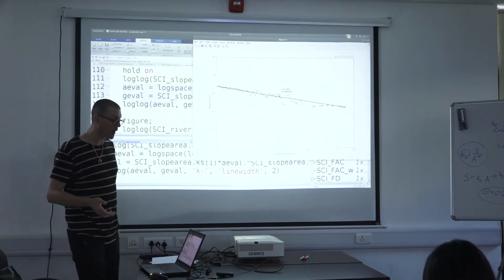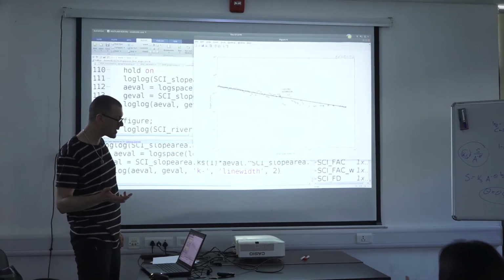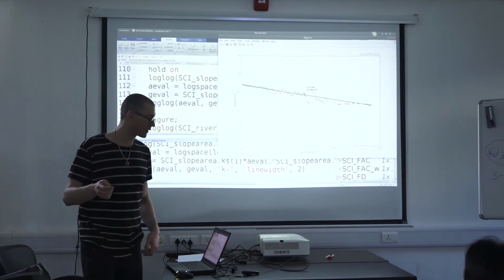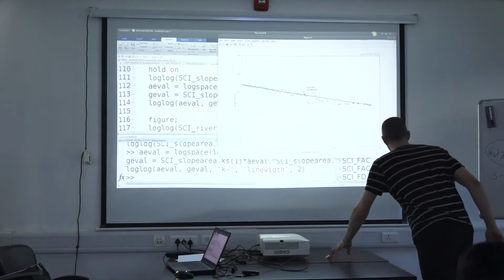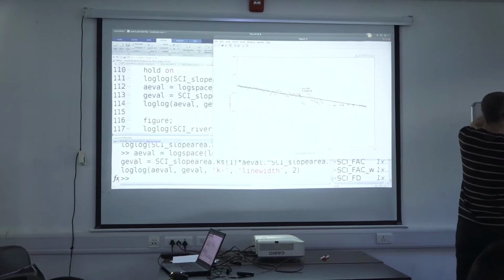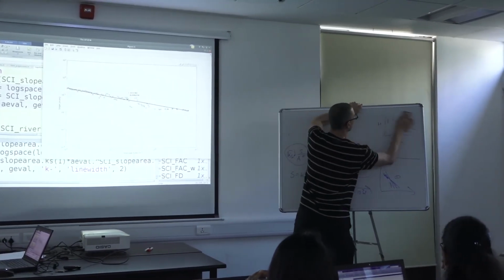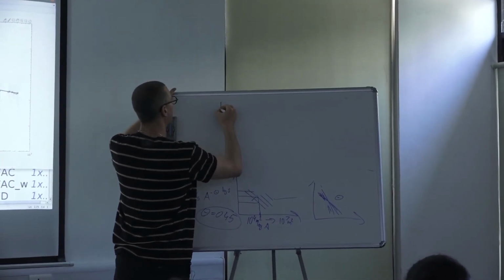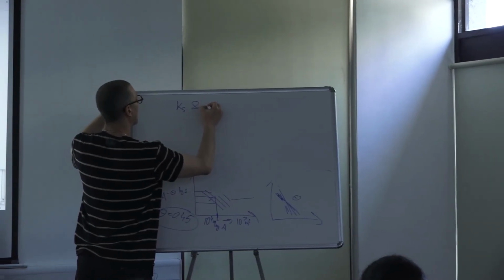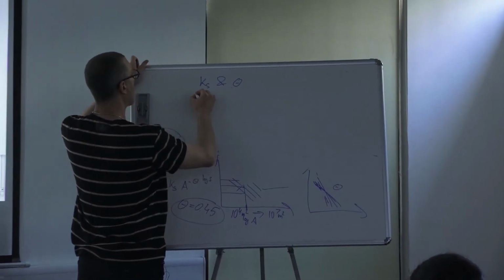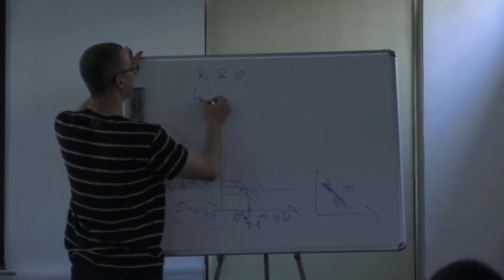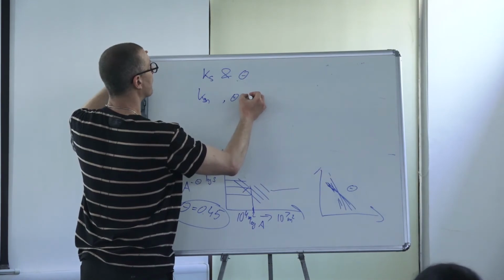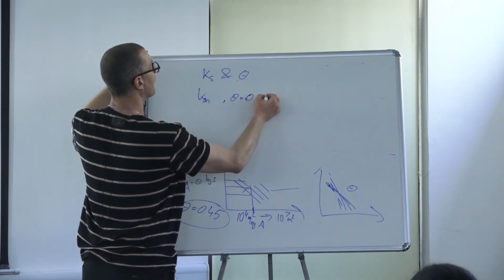If we now want to take it a step further and want to force the steepness index, in other words, we just calculated what we call the Ks and the theta. If you want to have KSN, theta is fixed to minus 0.45, right?